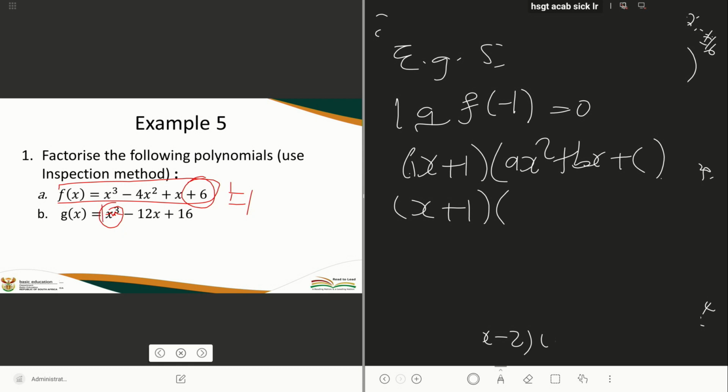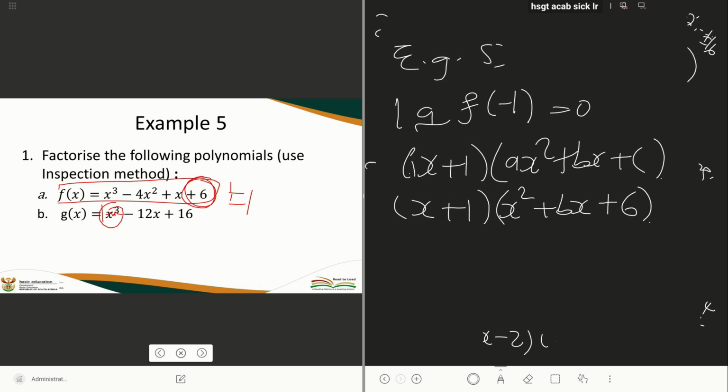So here I have ax squared plus bx and then plus c is the constant. When I multiply this positive 1 together with c, I must be able to get which one? To get this positive 6 here, right? So 1 multiplied by positive 6 is going to be what? 6, the constant of the original, right?